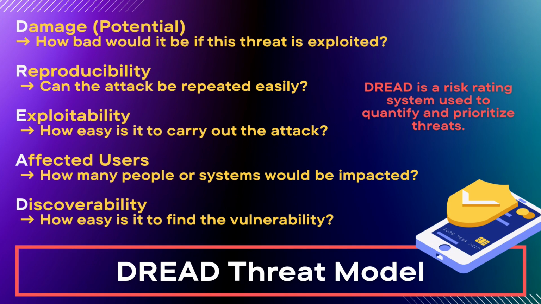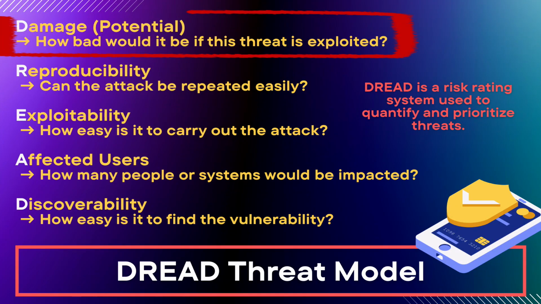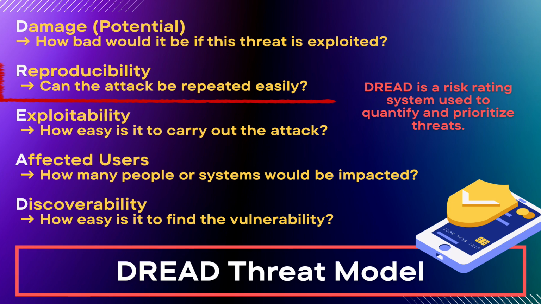Alright, now let's look at DREAD, which is a way to rate and prioritize threats once you have identified them. So this helps you to figure out how serious each threat is so you can decide what to fix first. So again, this is an acronym. D stands for damage, and it means how much harm could this threat cause. R stands for reproducibility. Can the attack be repeated easily?